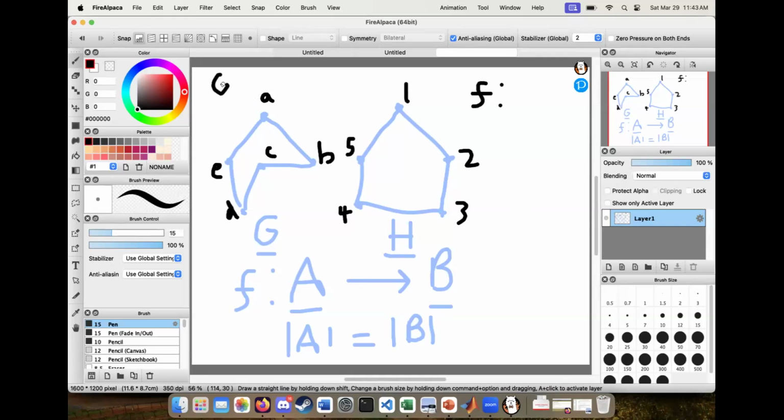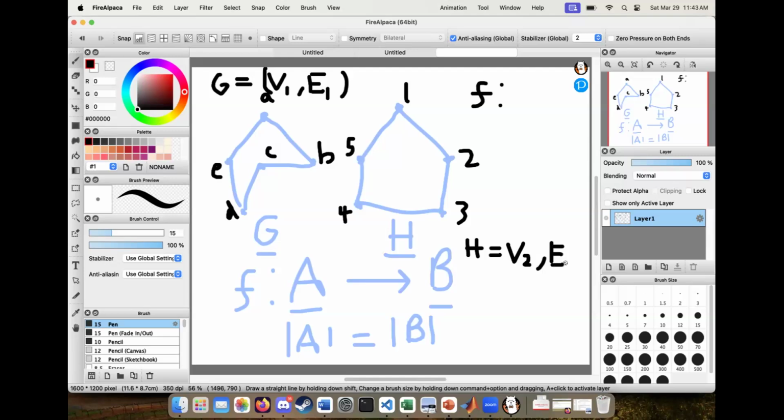wait, let me call this graph V1, E1, and this one V2, E2.